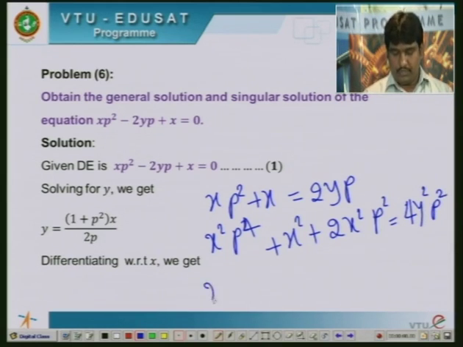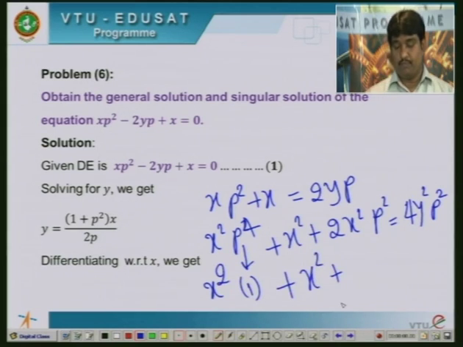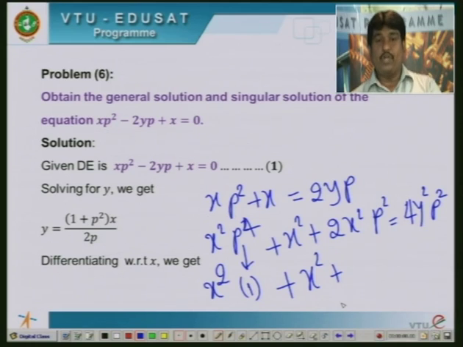So you substitute here, it is x square into p to the power of 4. P square is 1, so p to the power of 4 is also 1, plus x square here, plus p square is 1, so it is 2x square, equals to 4y square into p square, which is 1.